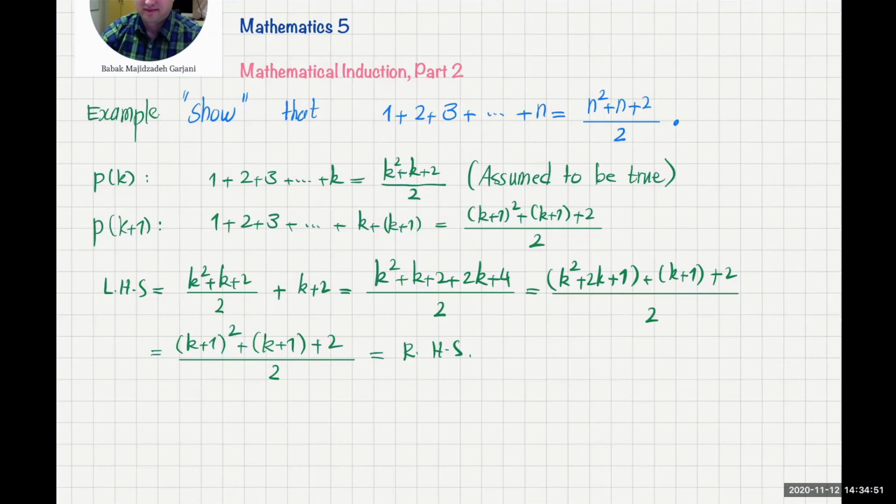Why did you write k plus 2 instead of k plus 1? I wanted to reach the right-hand side. In the right-hand side, I see k plus 1, I have it. I can write k plus 2, but I just chose to, because my goal is to reach the right-hand side, yes? No, not there. k squared plus 2k, k plus 2, divided by 2 plus k plus 2.